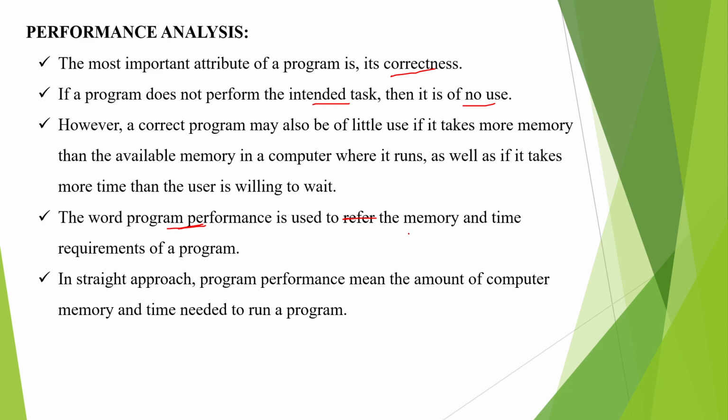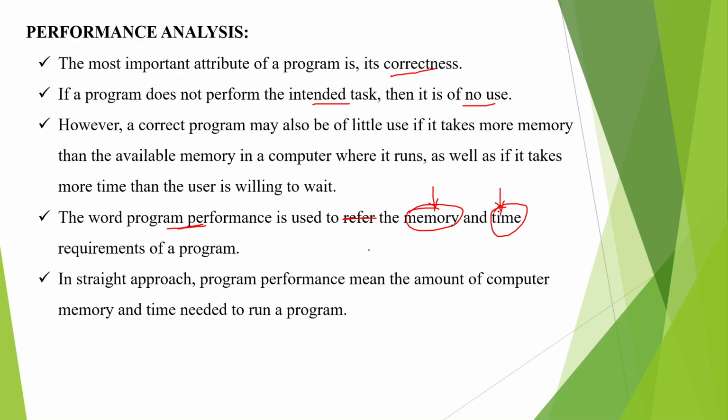We are looking into the amount of memory your program is consuming and the amount of time it takes for execution. These two parameters only we discuss. There are a lot of other parameters also available, which hopefully we will see in our next slide. For now, just remember, whenever we say program performance, our concern is first memory and second time.